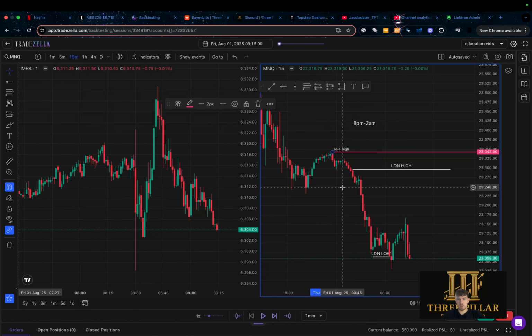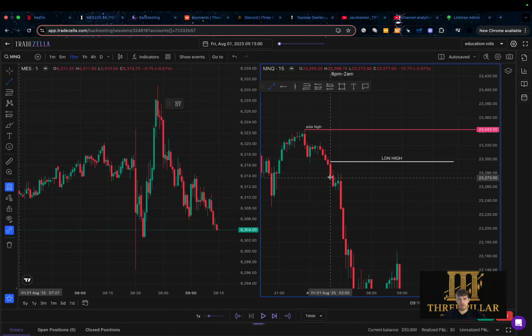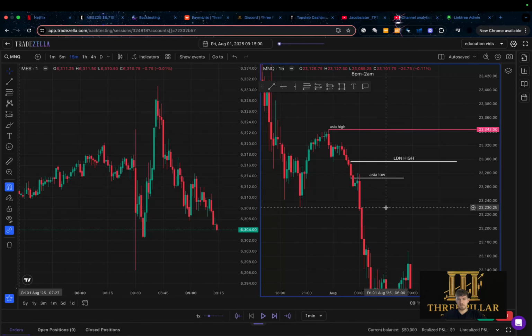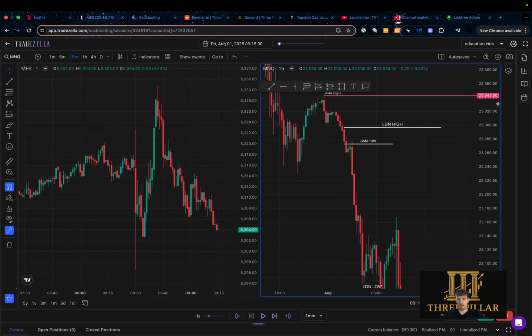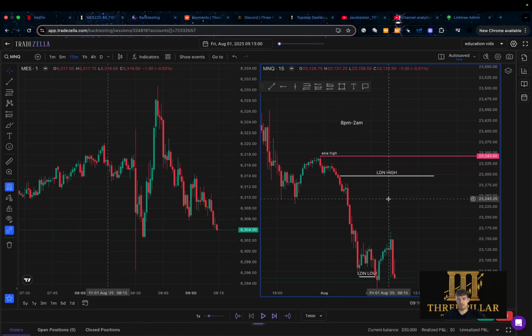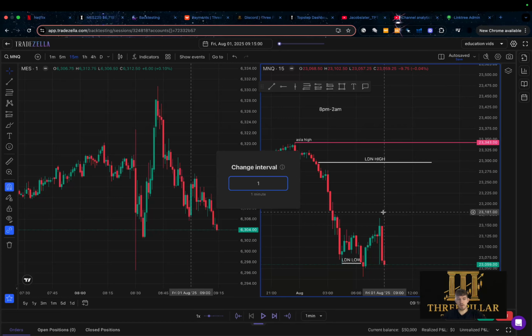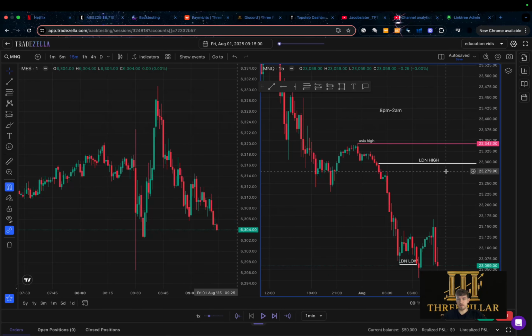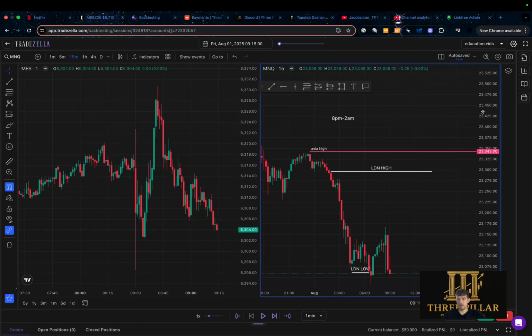And the Asia low would be here, but we've already taken that. Anything we've already swept, we just get rid of. You can keep them if you want, but if you know you've already taken them, you don't need to look for them anymore. So that's Asia high and London high marked out.